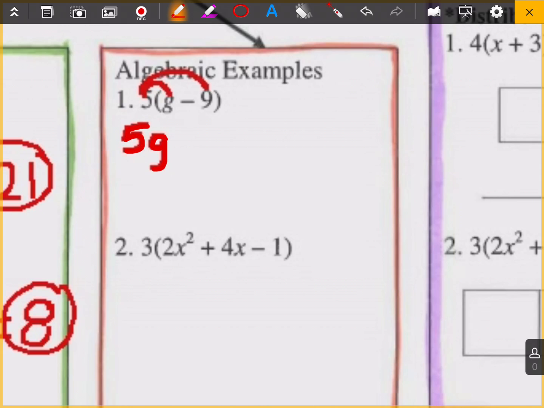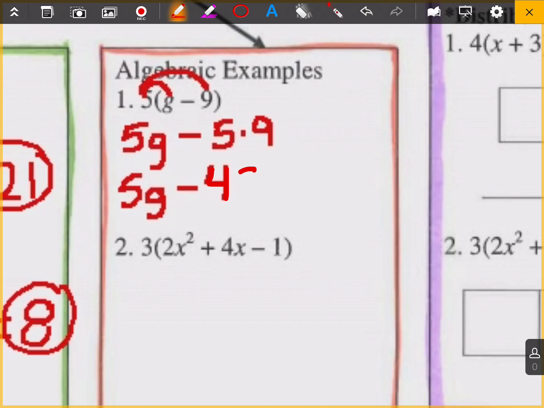Remember, if there's numbers and variables, they can be touching and not have a sign, and that still means to multiply. Bring down our subtraction sign, and then 5 times 9. I'm just going to simplify this out by rewriting my 5g because I can't do anything with that. And then 5 times 9 is 45. This one we're not going to get an answer to. We just need to simplify it as much as possible. And that's what we got with the 5g minus 45.